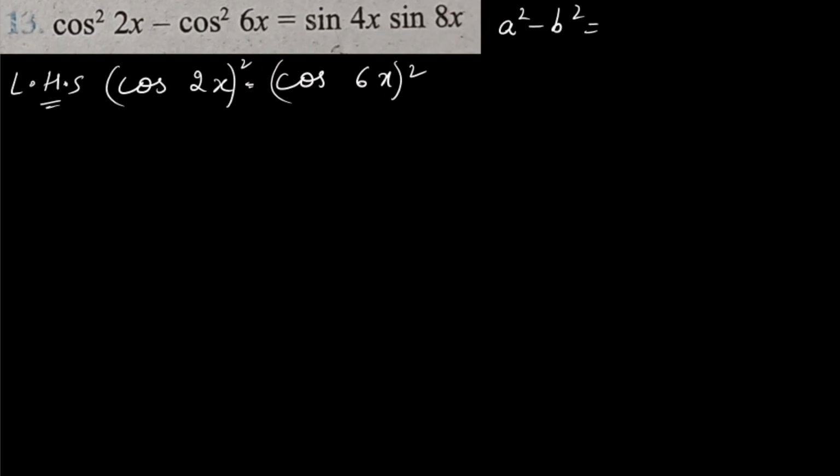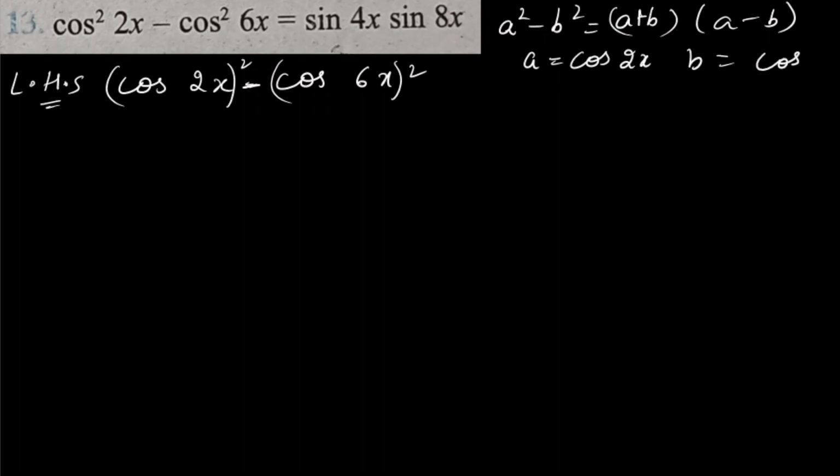So a square minus b square is actually what? It is a plus b into a minus b. Here a is cos 2x, and b is cos 6x. Now you have to remember, when both are cos, the same trigonometric function will come.